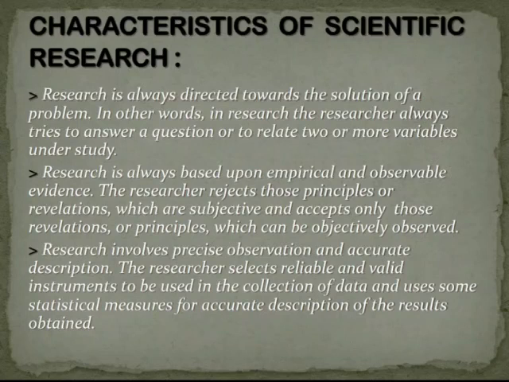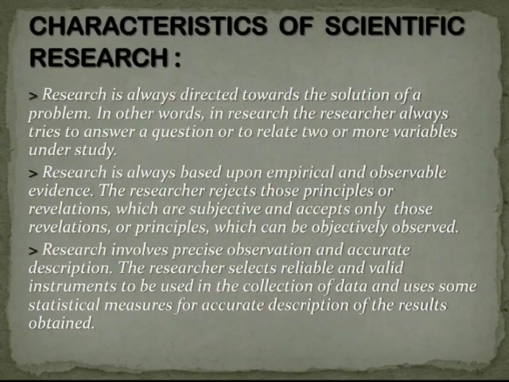In other words, in research, the researcher always tries to answer a question or to relate two or more variables under study. After research, we have an answer, a solution to a particular problem. This is always directed to that solution. That is the first characteristic.